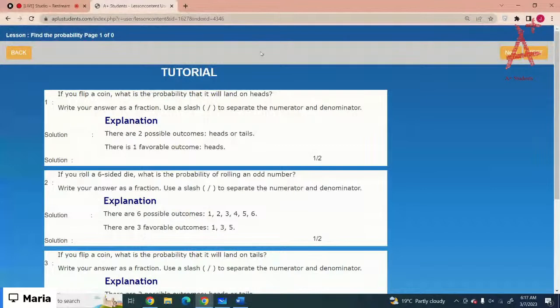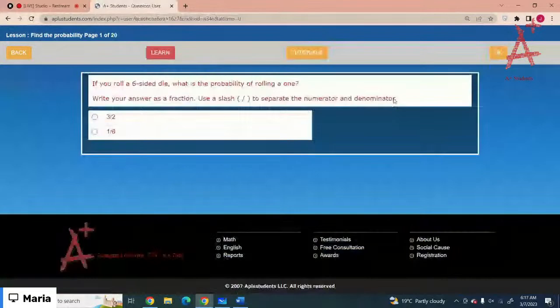Let's just start with the test questions. If you roll a six-sided die, what is the probability of rolling a 1? So which is the correct option? 1 by 6, 3 by 2. Yes, 1 over 6, got it.